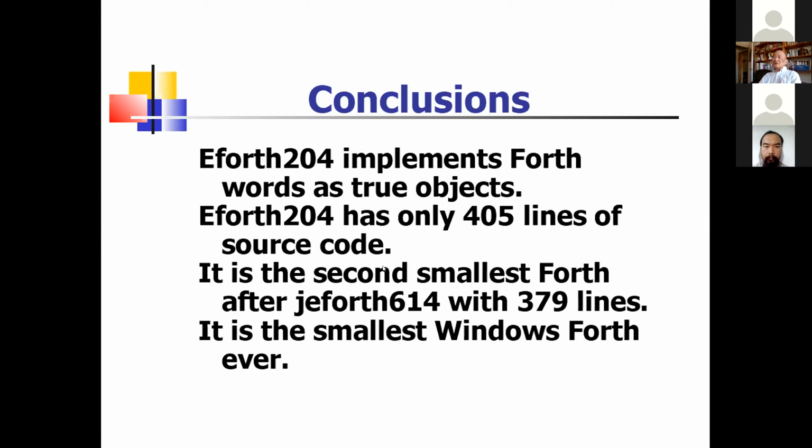Okay, in conclusion, eForth 204 implements Forth words as true objects. And eForth has only 400 some lines of source code. It is the second smallest Forth after JeForth 614, which has 379 lines.